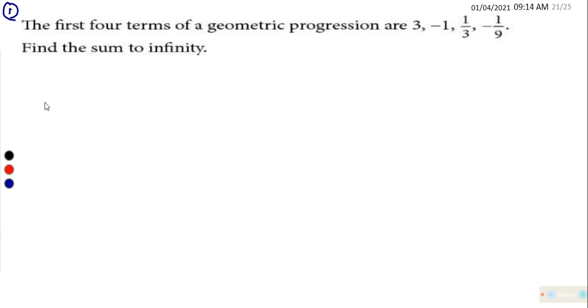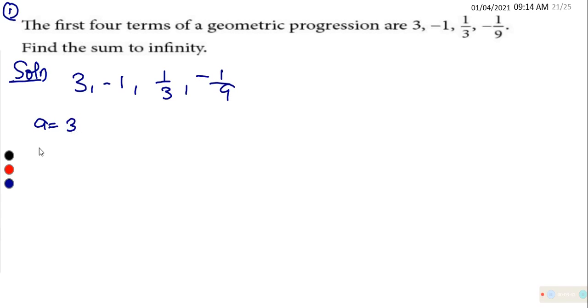Let's take a look at these examples. Example 1. The first 4 terms of a geometric progression are 3, minus 1, 1 over 3, minus 1 over 9. Find the sum to infinity. Okay, so solution. Let us write down the sequence. The first term of this sequence is a, which is 3, and the common ratio is minus 1 over 3.